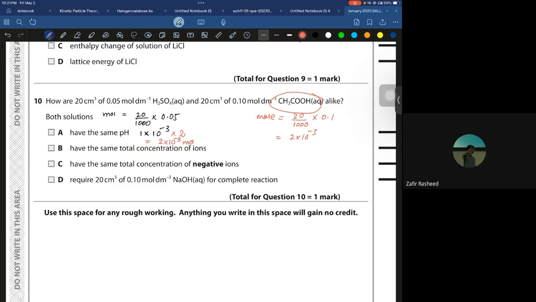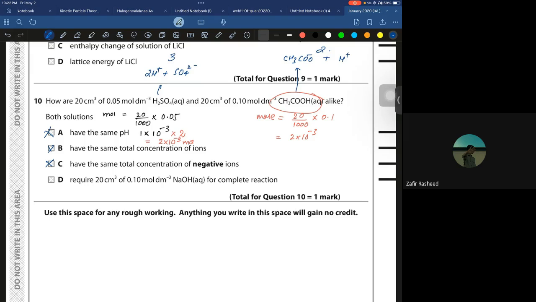We have two ions here. CH3COOH is going to give you only two ions, CH3COO minus and H positive. And H2SO4 gives three ions: two H positive ions and one SO4 2 minus. Total three versus total two. So how can I say they have the same total concentration of ions? B is incorrect. Have the same total concentration of negative ions? No, they are different, remember.